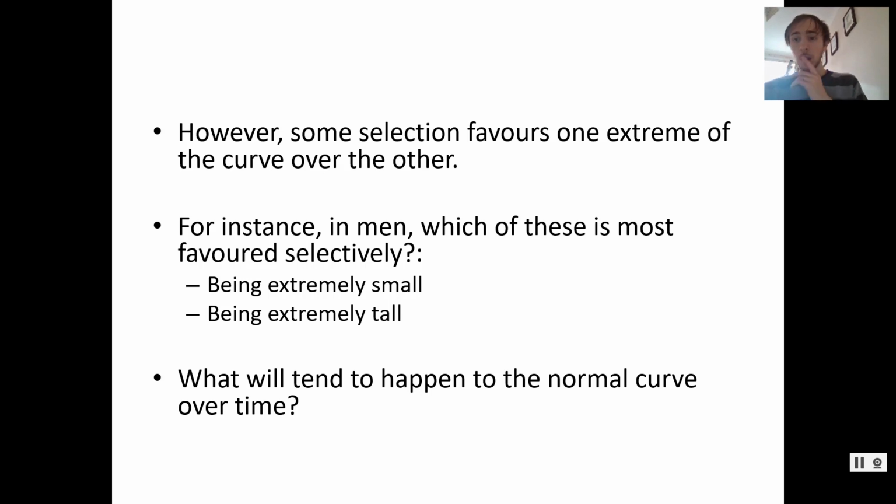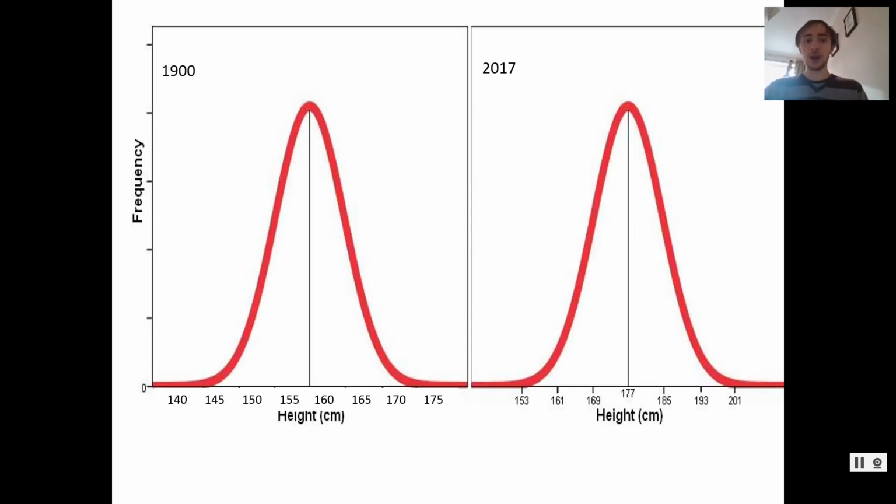What do we think? Well, if tall people have more children, we should get more and more tall alleles in the population, and so more and more tall people should exist. And therefore, what should happen to the normal curve, I hope you'll understand, is that this kind of thing should happen.